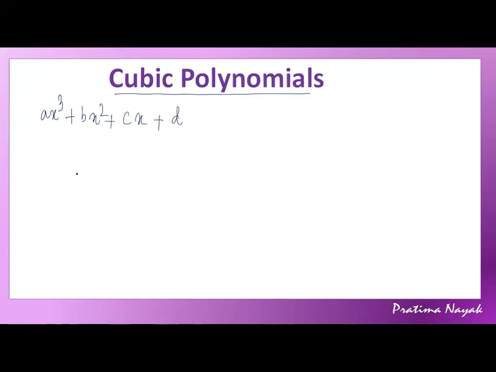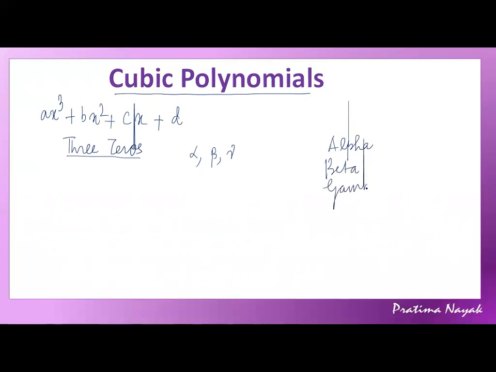Cubic polynomial, it has how many zeros? 3 zeros. And these zeros we name as alpha, beta, gamma. All are Greek letters.